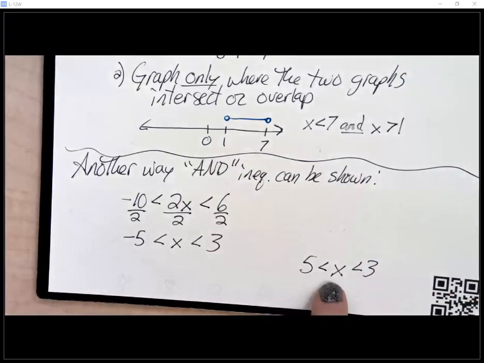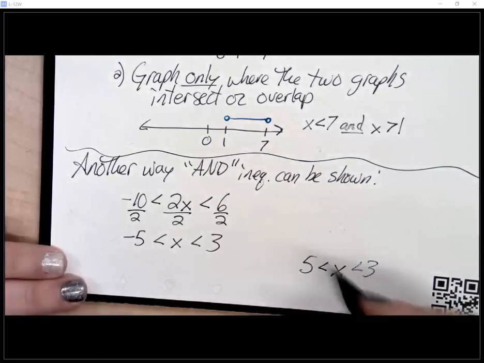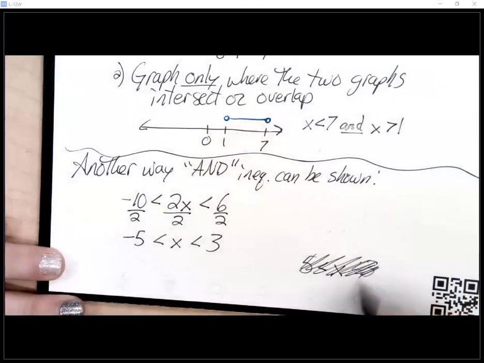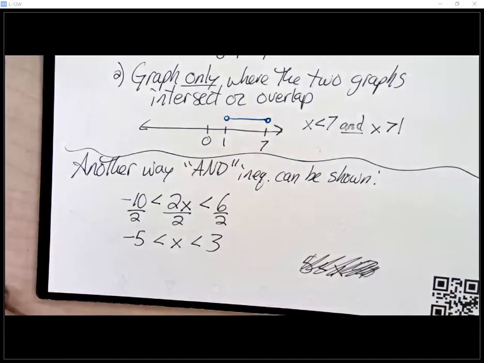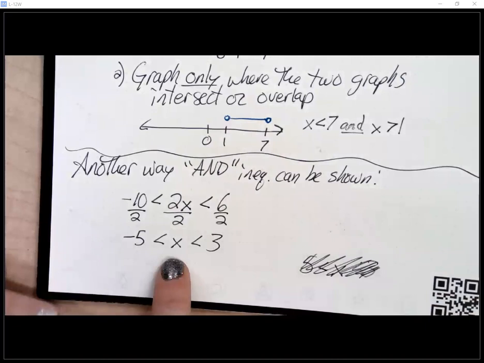Because if you look at each one individually, that says that x is a number that's greater than 5, but it's less than 3 at the same time. Can you give me a number that's greater than 5 and less than 3 at the same time? No, this has no business existing because it doesn't make any sense. Sorry, but not today. Okay? So you do need to make sure that your answer is actually valid.